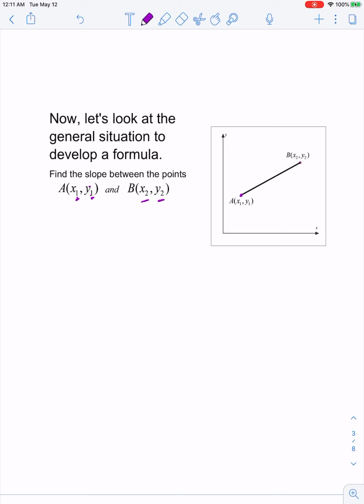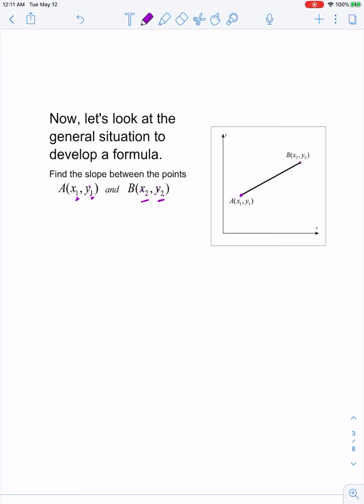They're not like exponents or anything. So this is the x from the second point and the y from the second point. So the 1 and the 2 are just telling you which point you're looking at. There's nothing mathy about them. They don't multiply, they're not squaring, they're not doing anything. They're just telling you which point it is that you're looking at.